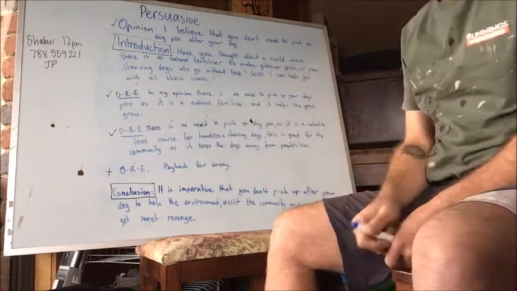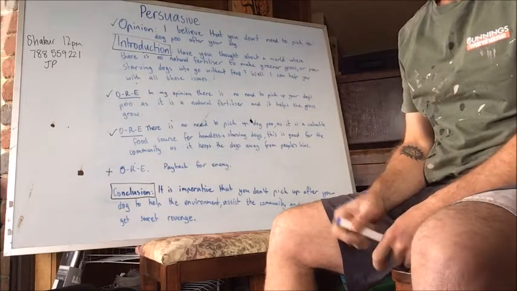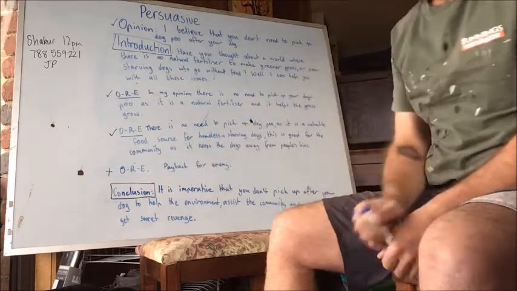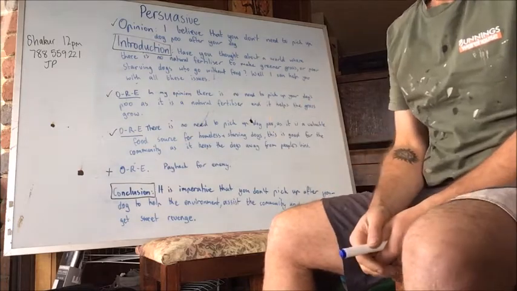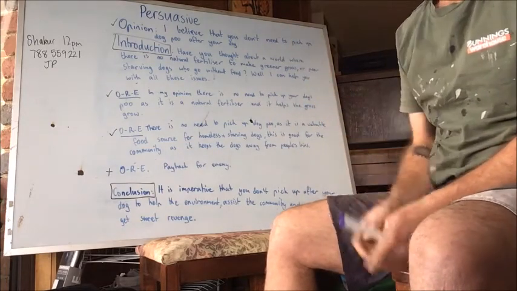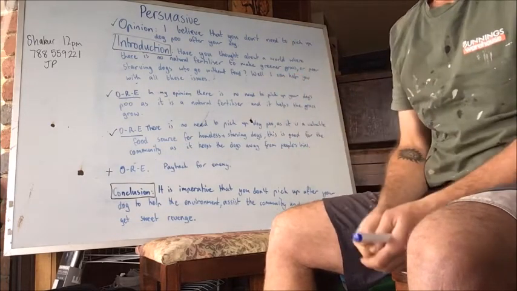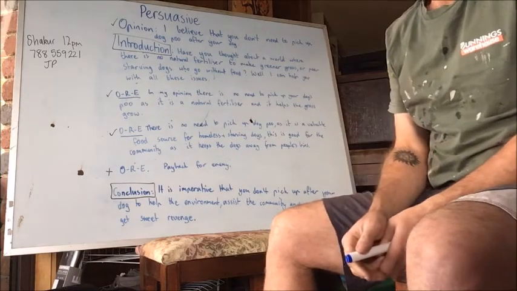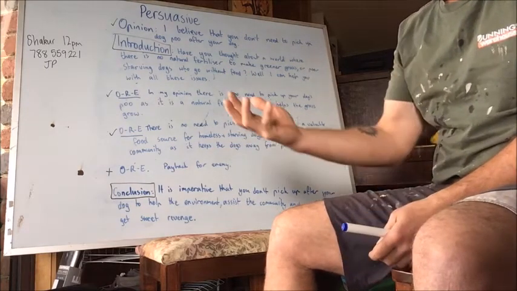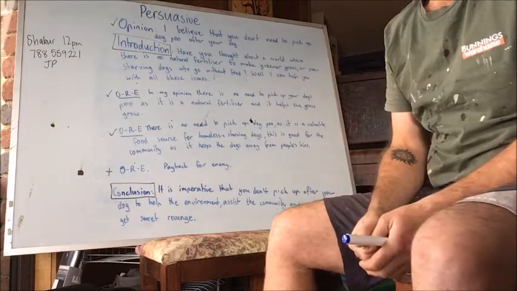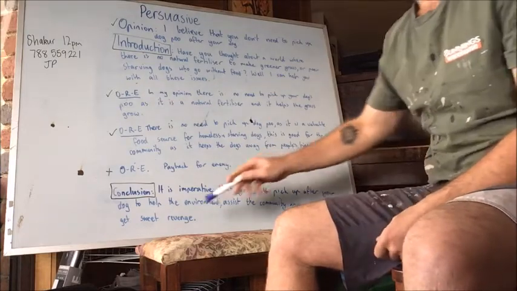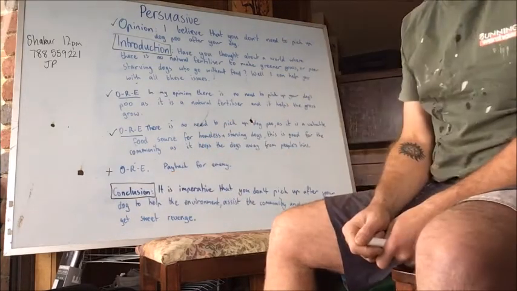I have my second opinion, reason, example. And then I have my third opinion, reason, and example. Now, we've only been practicing 2 opinion, reasons, examples. In a proper persuasive, we have 3. So the thing is, we know what to do. We've just got to come up with a third reason. Okay? And then at the end, we have our conclusion.